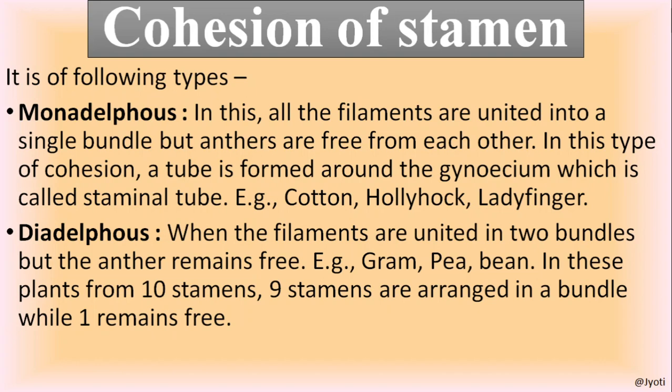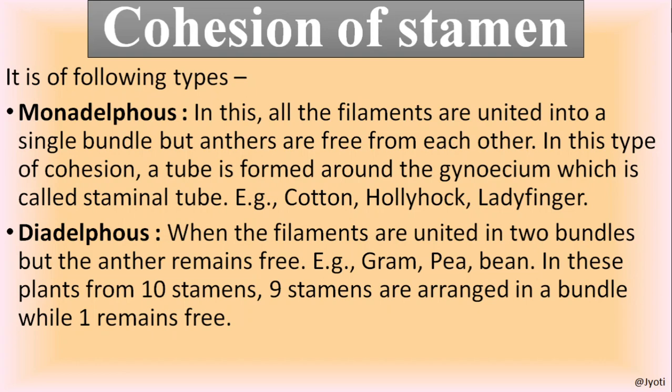Monadelphous. When all the stamens are bundled together, or the filaments of all the stamens are forming a single bundle but the anthers are free, then that is called monadelphous. This is seen in case of cotton, hibiscus, lady's finger, or as a whole it is the characteristic feature of Malvaceae family.